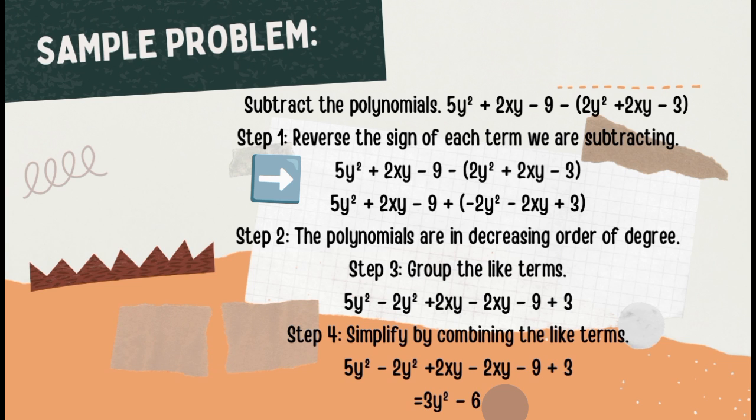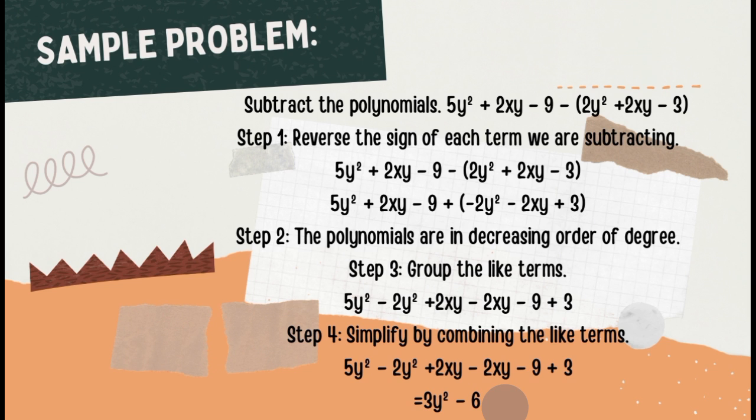From 5y squared plus 2xy minus 9 minus 2y squared plus 2xy minus 3, we have now 5y squared plus 2xy minus 9 plus negative 2y squared minus 2xy plus 3. So the polynomials are in decreasing order of degree. This is step 2.